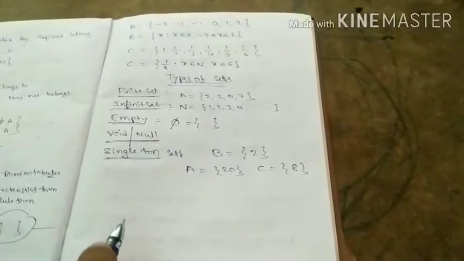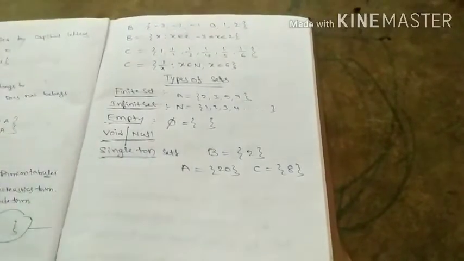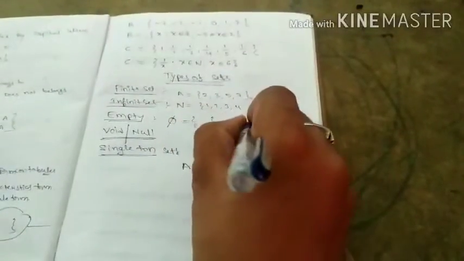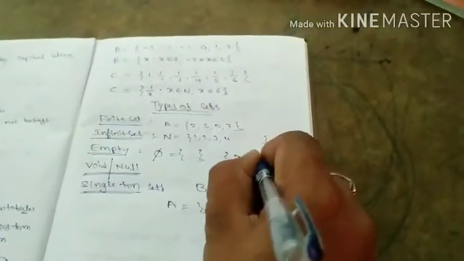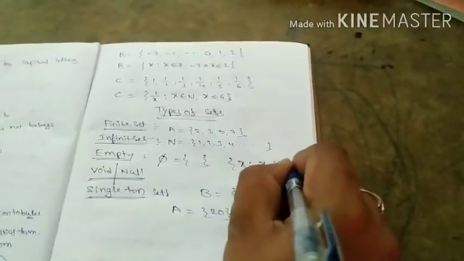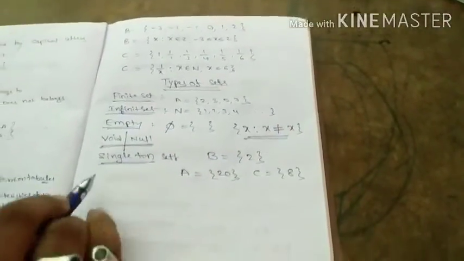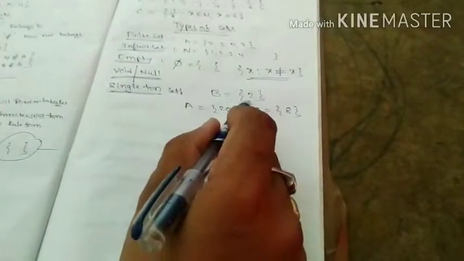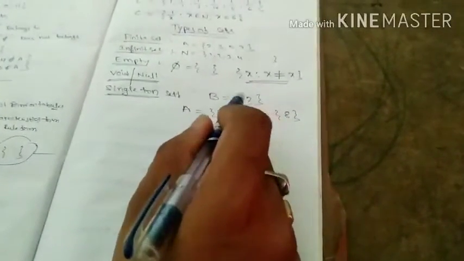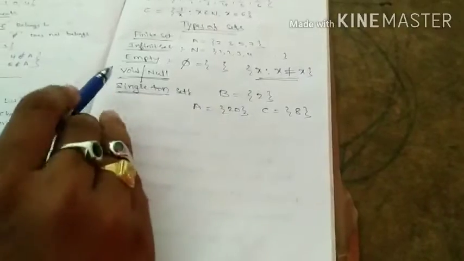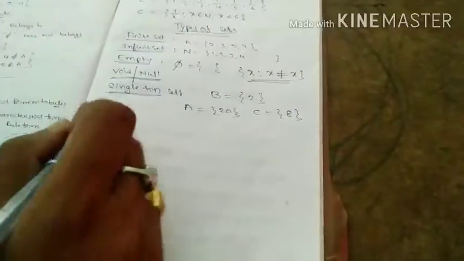Singleton means only one element in a set. Empty set, set builder form, most properly they will write {x such that x not equal to x}. This is the set builder form of the empty set. Singleton set, set builder form is the even prime number. Even prime number is 2. So singleton set. Finite set, infinite set, empty set, singleton set.